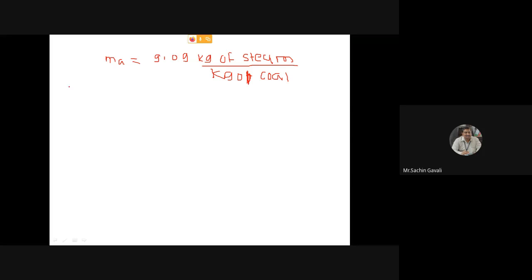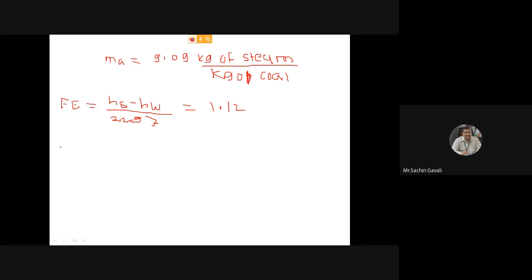Then factor of evaporation, I will write here FE, factor of evaporation, is equal to, the formula is, HS minus HW divided by 2257. Now what is this value? Okay, Rakesh, 1.12. So put the values of HS and HW and divide. No unit.